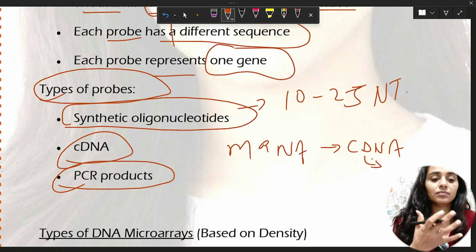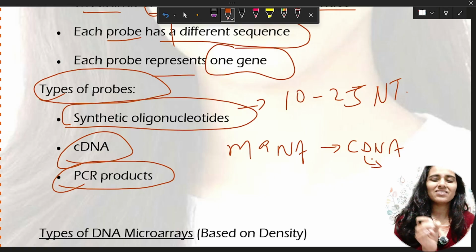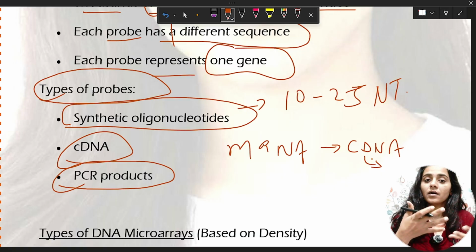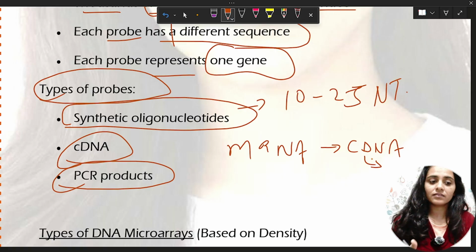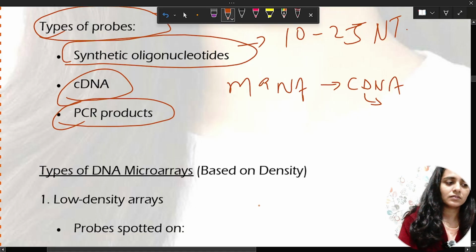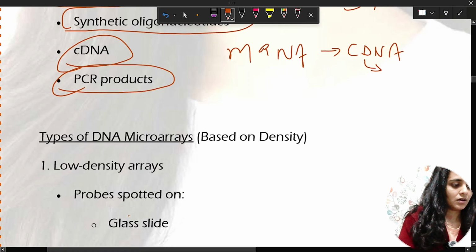If there is very little in amount, there could be a possibility of missing the base pairing. If the number is high, there will be higher chances to find the complementary sequence in that probe. That's why we use these types of probes.